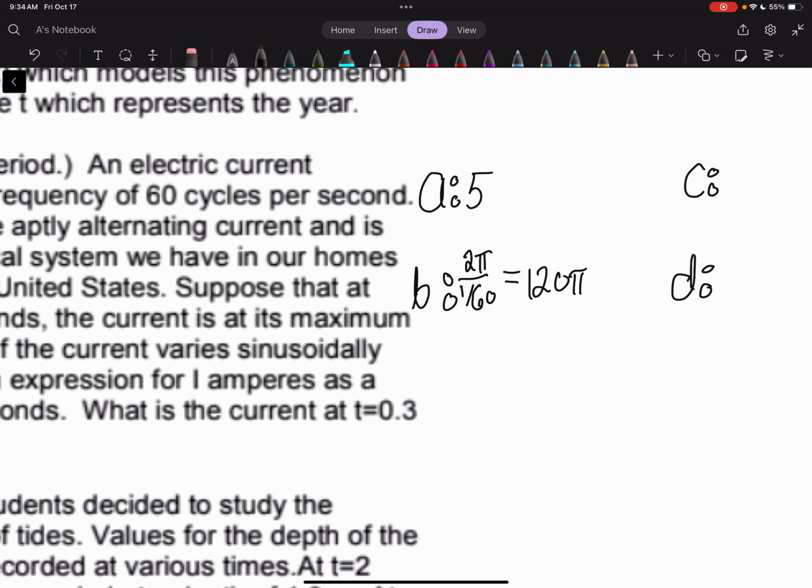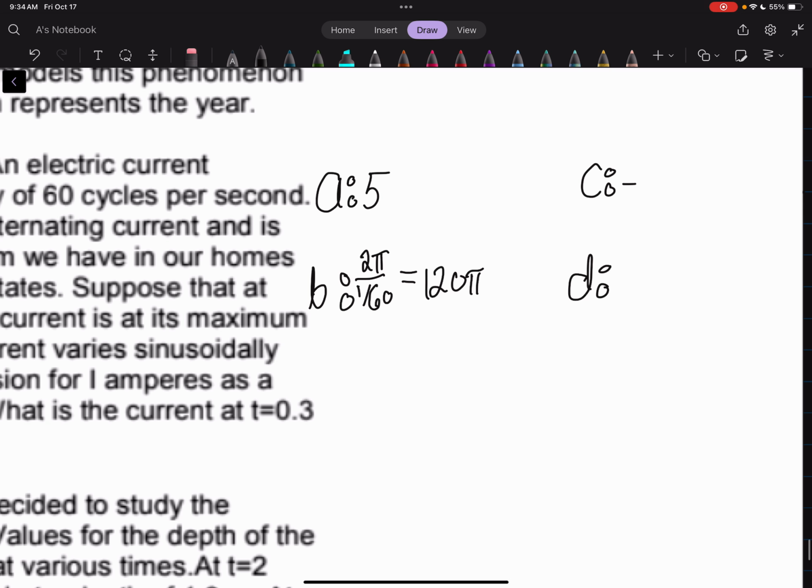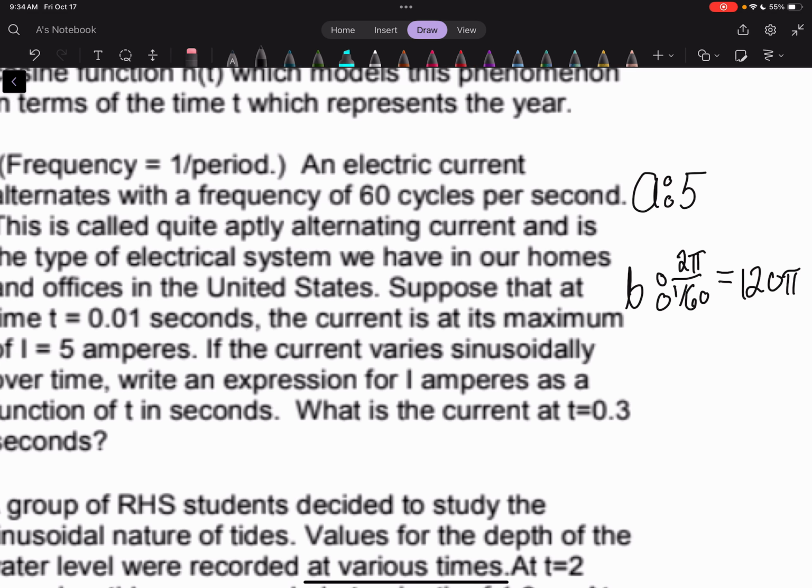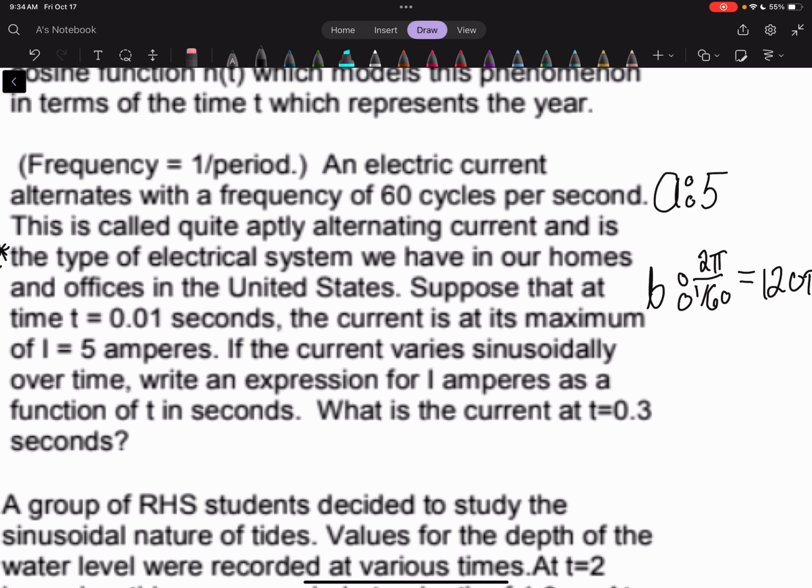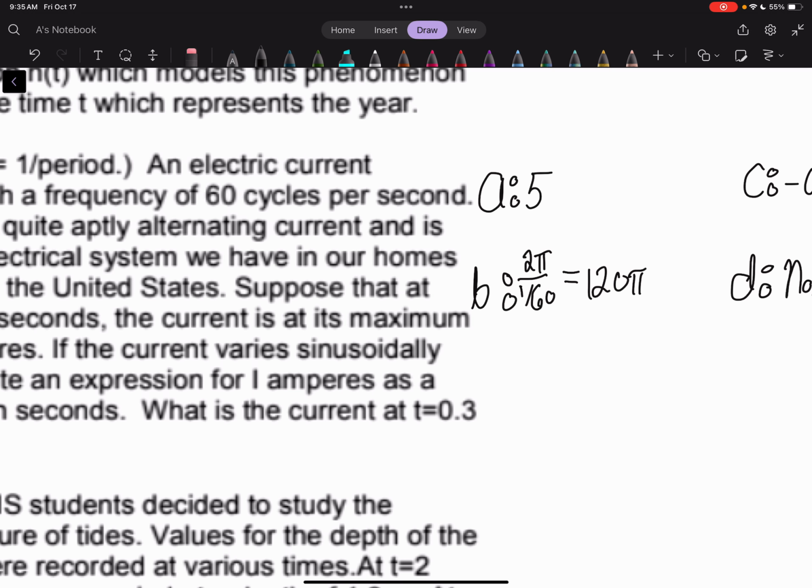My C value is negative 0.01, and I have no vertical shift. Okay, that's all the information from the problem. Here's my expression.